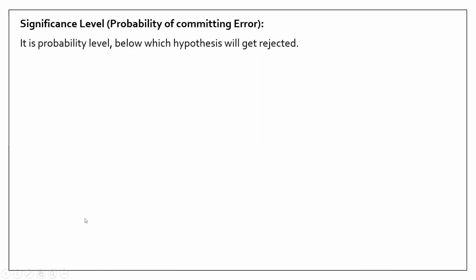So it's a probability level below which the hypothesis will get rejected. As I've told you, this line on either side is nothing but your critical region. This is the critical region which we denote with Z alpha by 2.